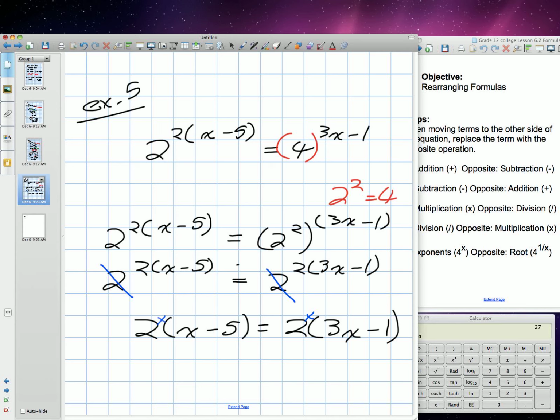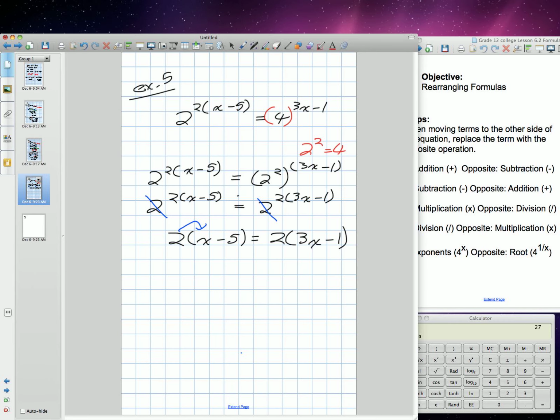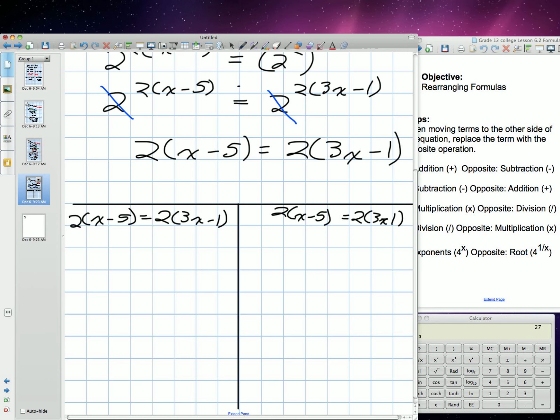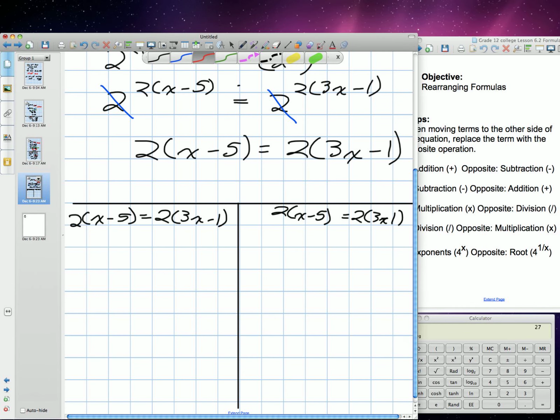So we'll show both methods. On the left side of the equation, I'm going to divide both sides of the equation by 2 like we said. So if I divide both sides by 2, the 2's will all cancel each other out. I'll be left with a simpler equation, x minus 5 is equal to 3x plus 1.